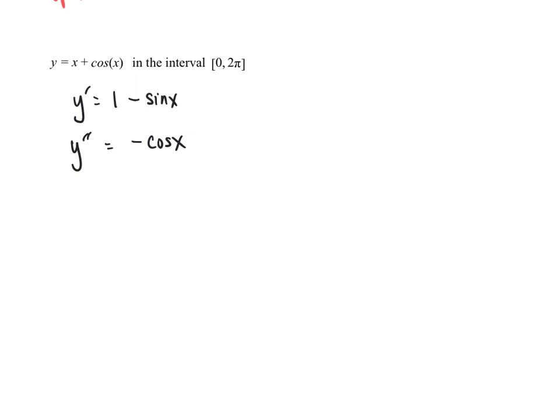So I'm trying to figure out where cosine of x equals 0, so I want to know where my second derivative equals 0. And I'm trying to find it on the interval 0 to 2 pi. So that's our unit circle. So if I think of my unit circle with my 4 special points here, remember cosine is the x value, so I want to know what points have an x value of 0.